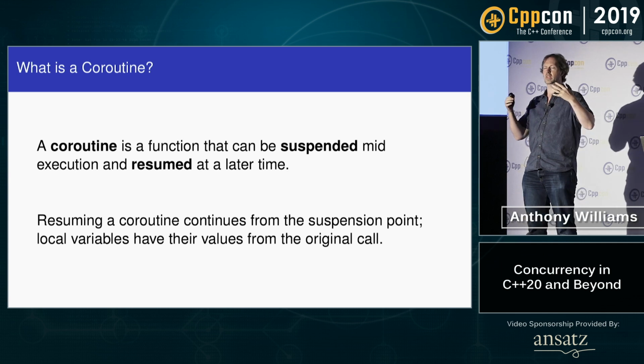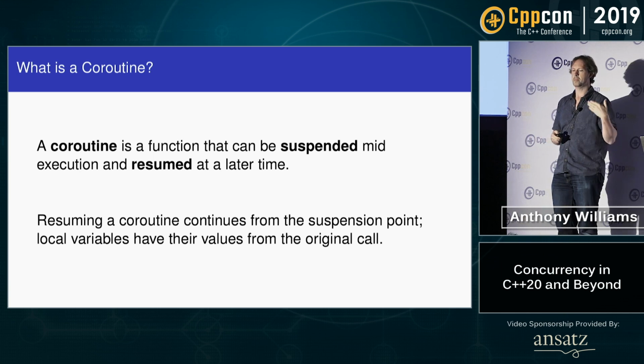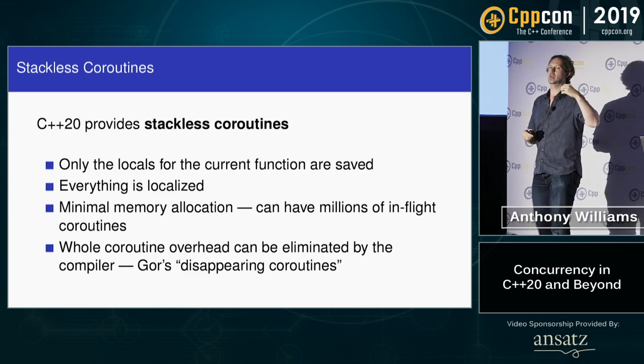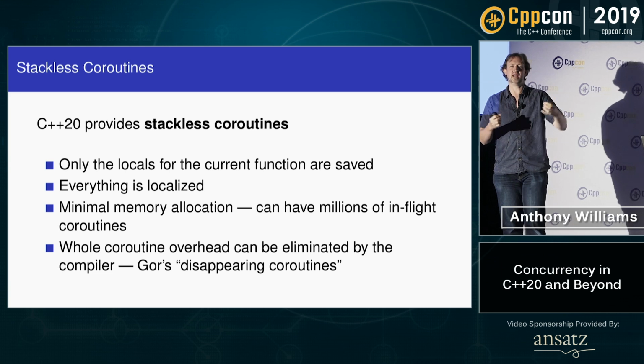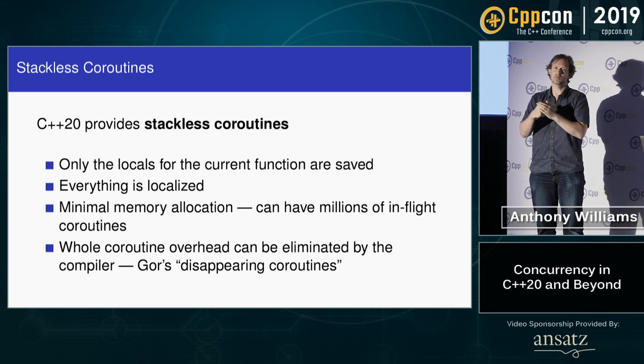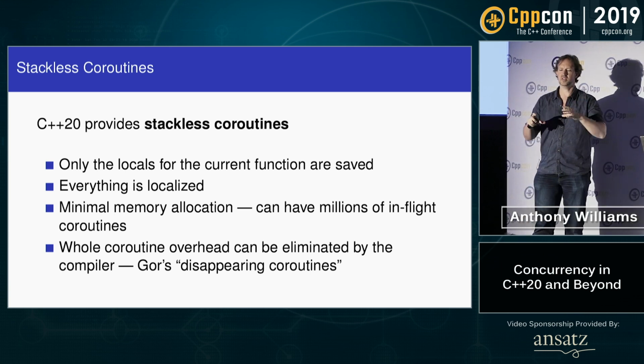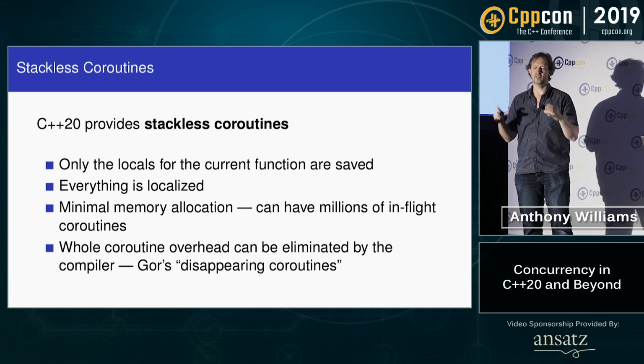Well, see, the benefit with multi-threading is, of course, you can resume it on a different thread. In C++20, our coroutines are stackless, so it is only the local variables that are preserved.